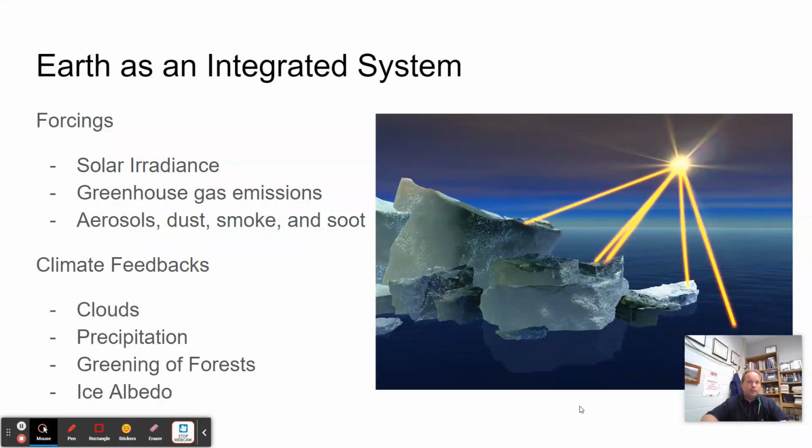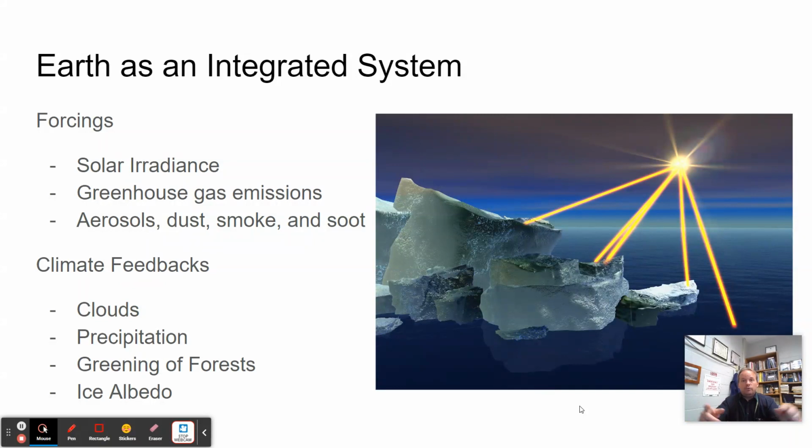And a lot of them are looking at how we better understand the system itself and how things that force changes in that system, such as solar radiation, greenhouse gas concentrations, and aerosols in the atmosphere, among other things, change the system as a whole, and how those changes affect other parts of the system and feed back on those other parts of the system, and cause changes.